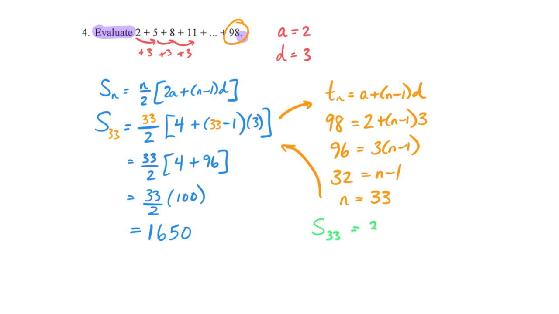That is my number of terms times the average of the first term and the last term. And so now you have your 33 times 100 over 2, and you could have come in to your 1650 a different way.